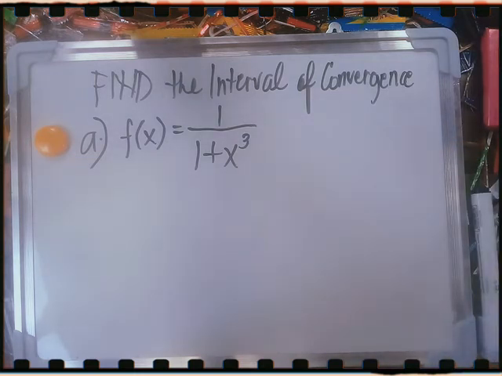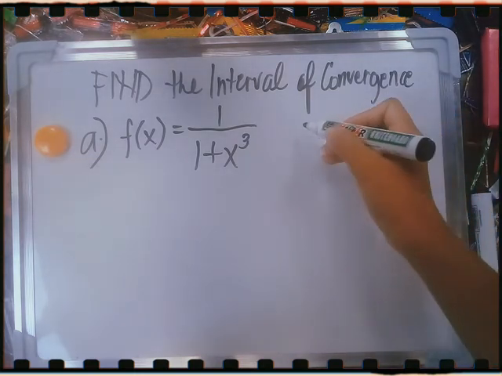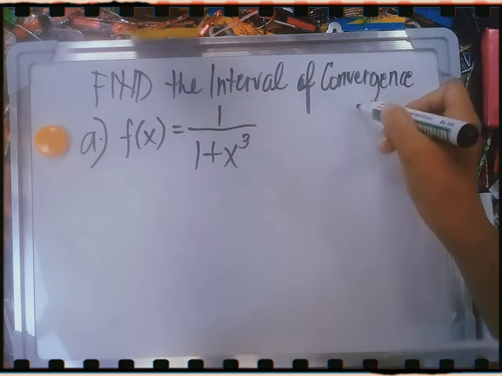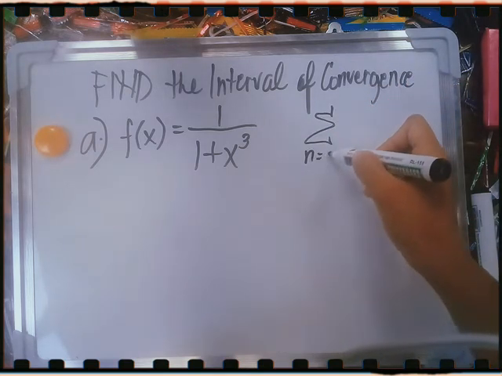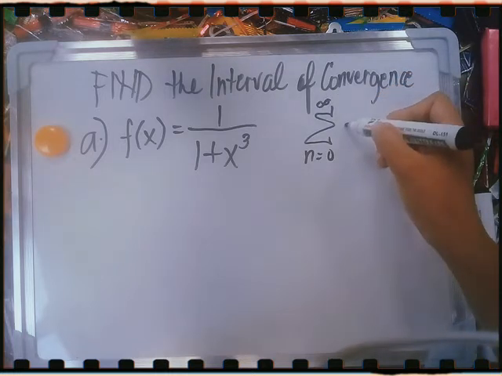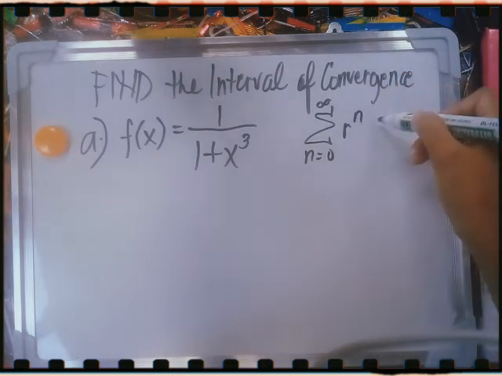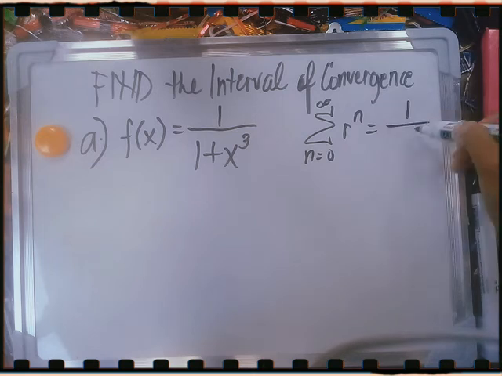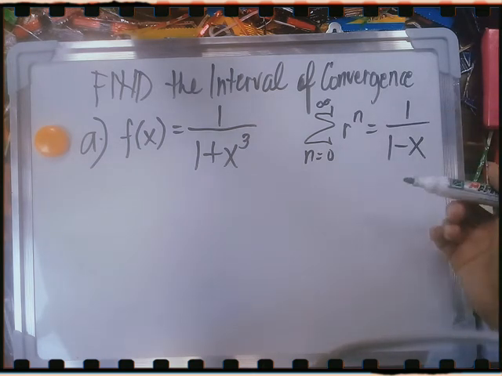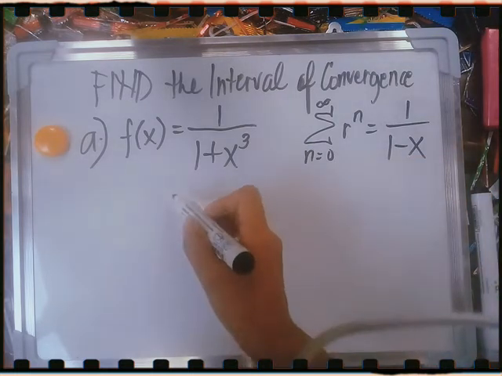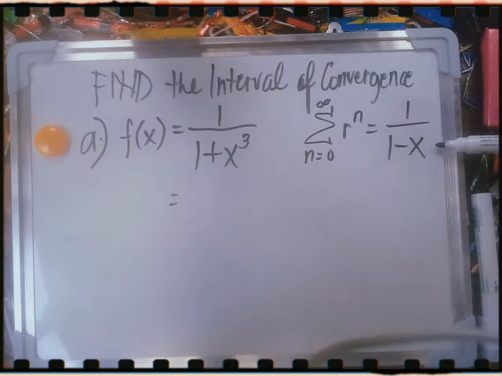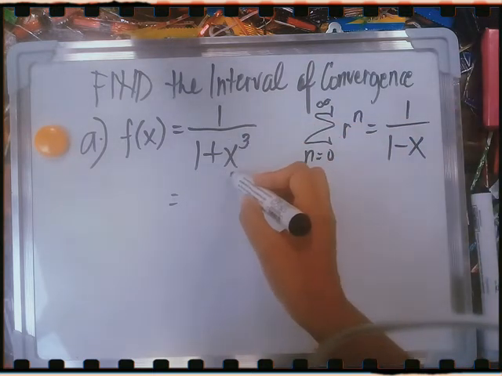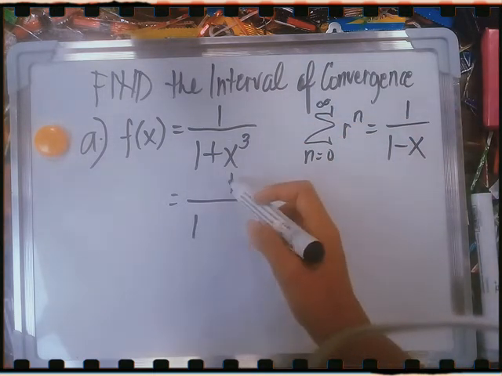So, sa pagsasolve natin ng function para maging power series, lagi nating tandaan na if we have the series as n is equal to 0 to infinity of r raised to n, it will be equal to 1 over 1 minus x. So, dito, etong function natin is gagawin natin kamukha nito. So, paano yun? 1 over 1.